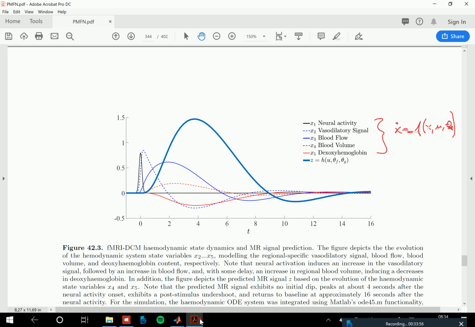Of course, you can do experiments where you measure, for example, blood flow using MRI, or if you're doing this in vitro or in some animal preparation, you measure vasodilatation. You could potentially observe them, but in DCM for fMRI they are of course not observed, because the only thing that is observed is the MR signal. It's not even the deoxyhemoglobin content, it's the MR signal, which we still have to specify how it arises from this.